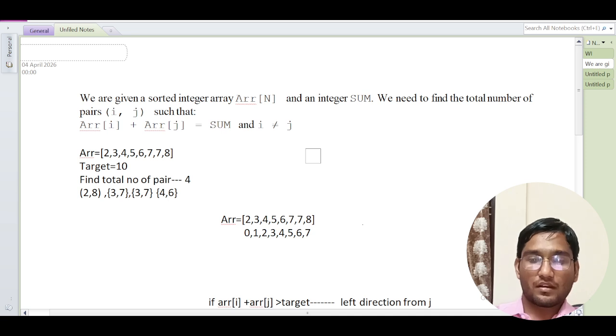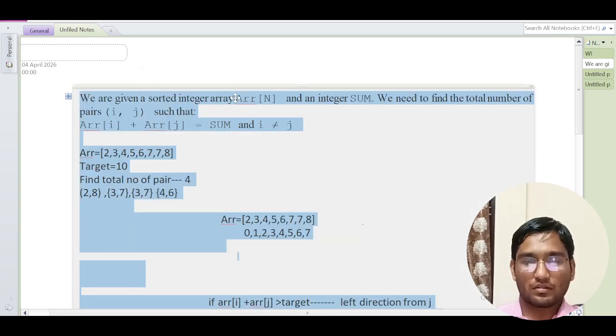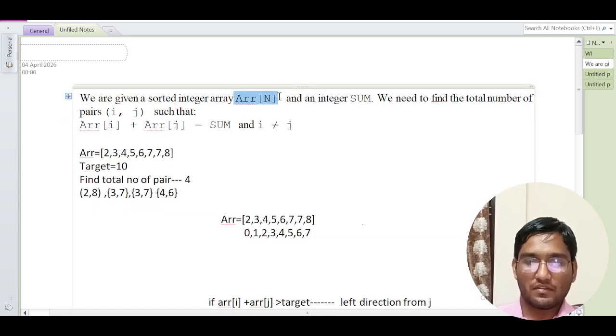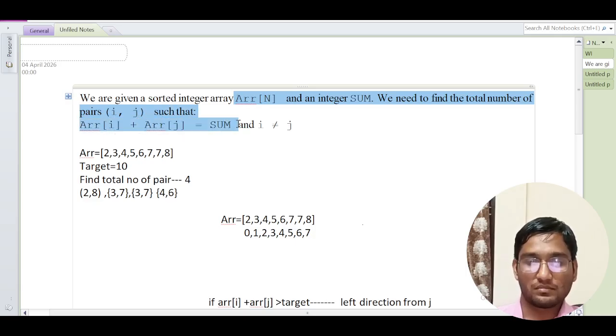The question given here is that an integer array is given to us and an integer sum is also given to us. We need to find the total number of pairs (i, j) such that array[i] + array[j] equals sum, where i is not equal to j.